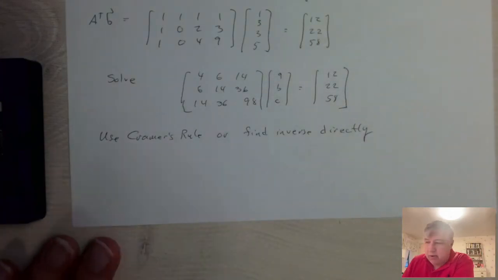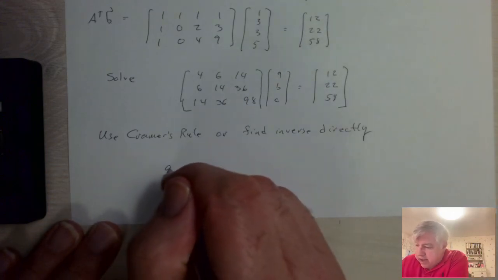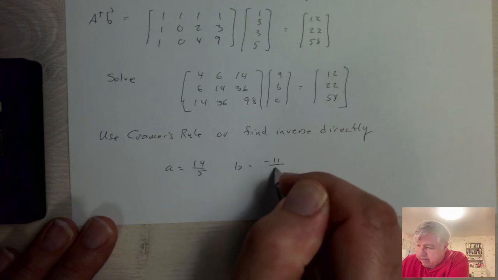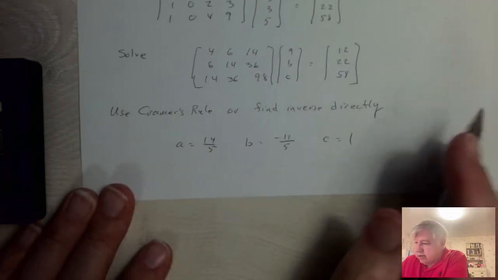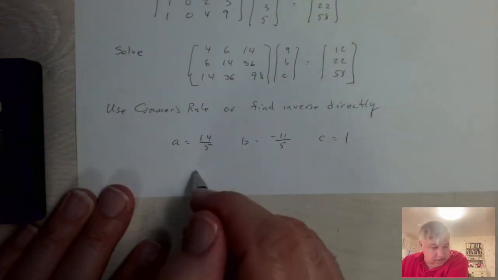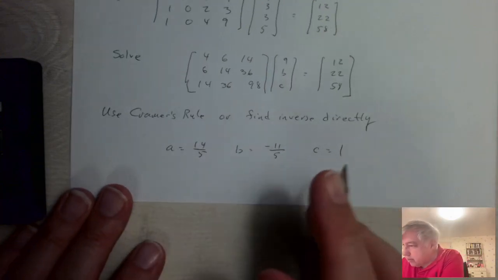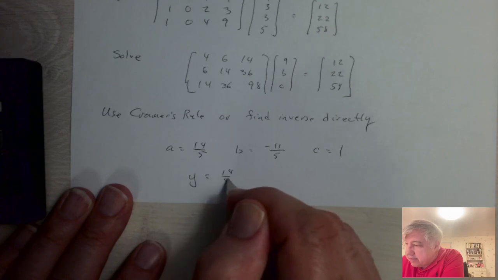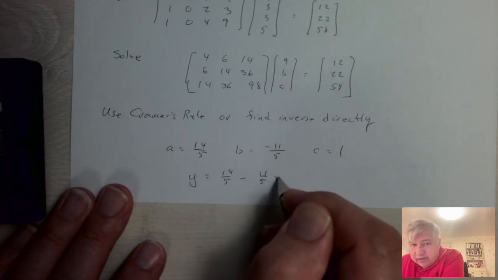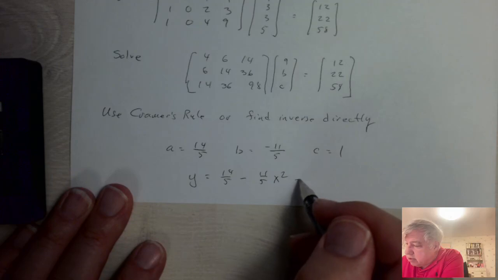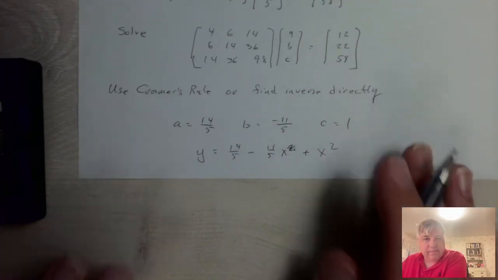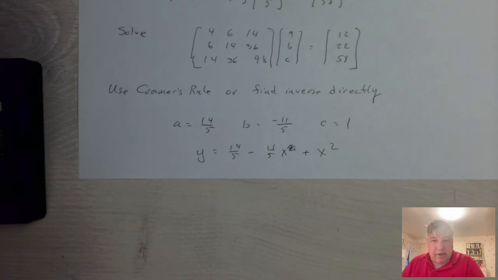When you do that, you get that A is equal to 14 fifths, B is equal to negative 11 fifths, and C is equal to 1. So the parabola that you want is y equals 14 fifths minus 11 fifths x plus x squared. That would be the parabola that best approximates this.